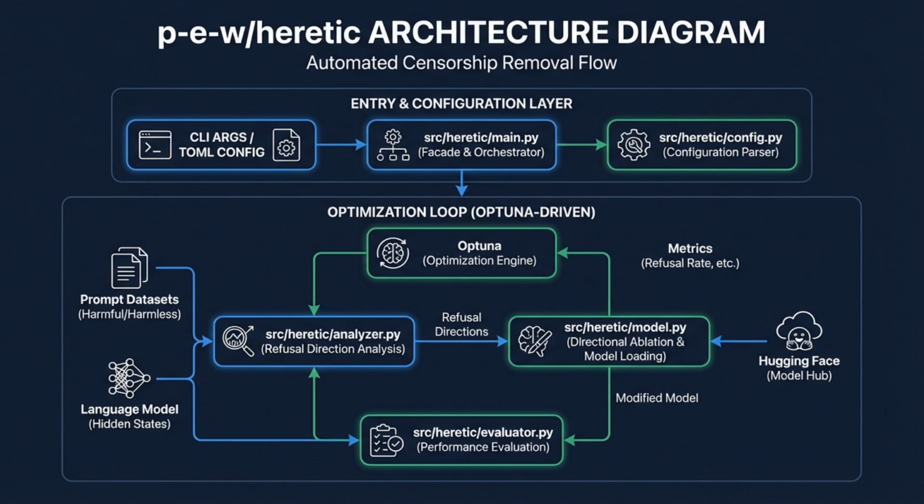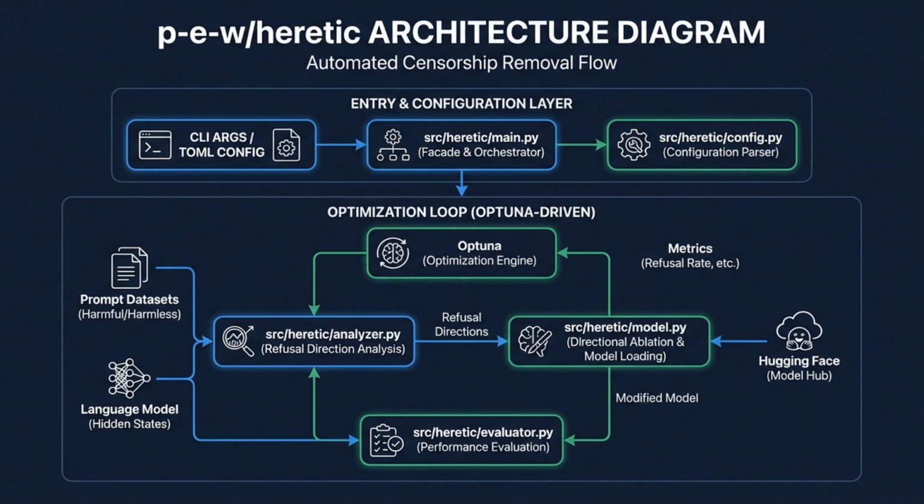Heretic's core innovation lies in how it parameterizes the ablation process and automates the search for optimal parameters. Traditional obliteration identifies refusal directions by computing the difference between model hidden states when processing harmful versus harmless prompts, then orthogonalizes certain weight matrices to inhibit these directions. Heretic extends this with several key advances.